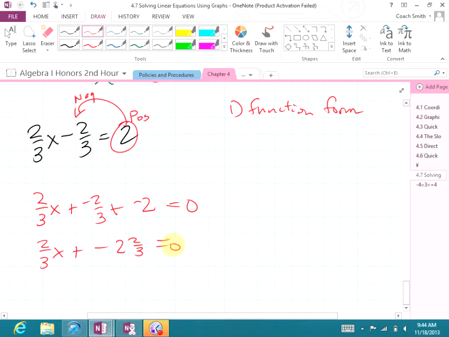Which is positive 2/3 x plus negative 8/6. 2 times 3 is what? Plus 2. 8. Oh, my bad, 8/3. Thank you.